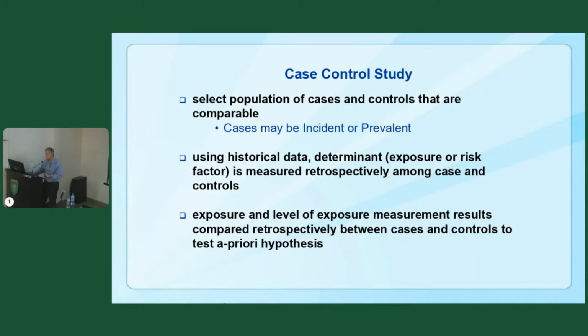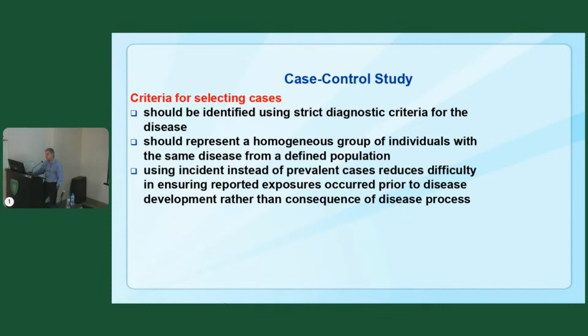Select the population of cases. Using historical data is problematic, but that's the only way in most case-control studies. Exposure level measurement results are compared retrospectively between cases and controls to test an a priori hypothesis. That's usually the case in a case-control study. You are usually collecting retrospective data on the exposure levels for both cases and controls.